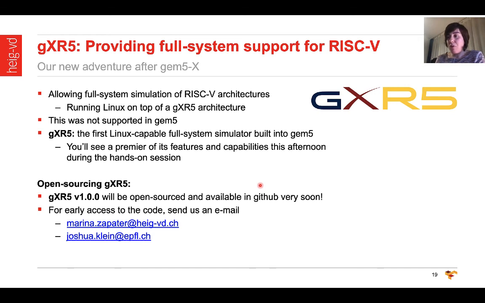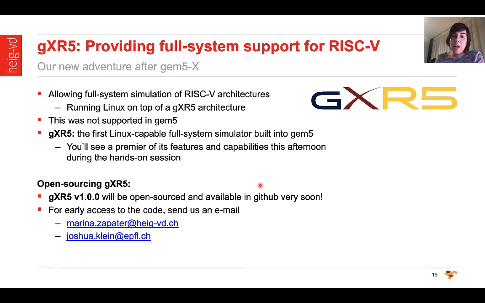Just to tell you very briefly, and afterwards Josh will tell you more details. GXR5 is the first Linux-capable full system simulator built into Gem5. Before GXR5, the support of RISC-V architectures was only in system emulation mode and was quite limited. And as I said, you'll see a premiere of all the features and capabilities this afternoon.